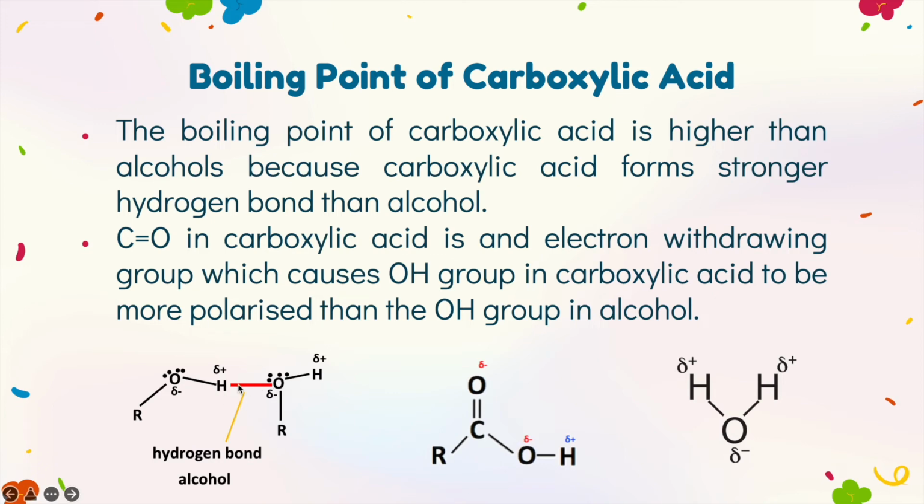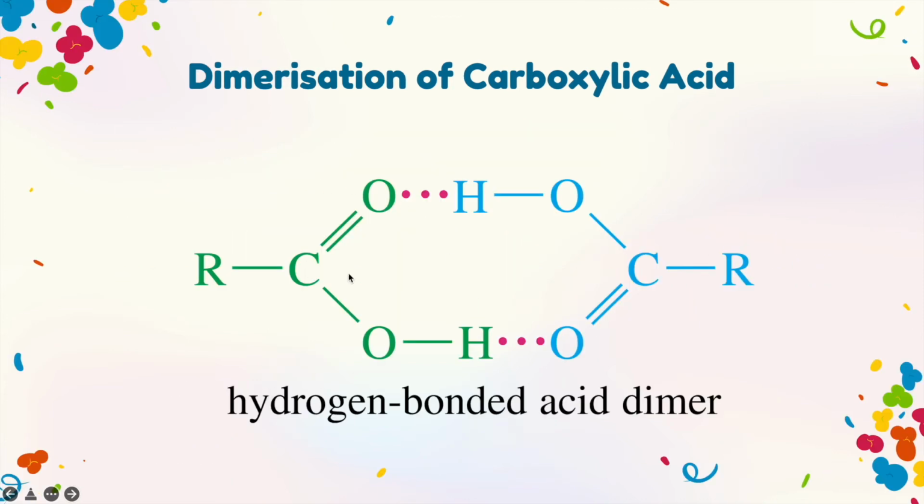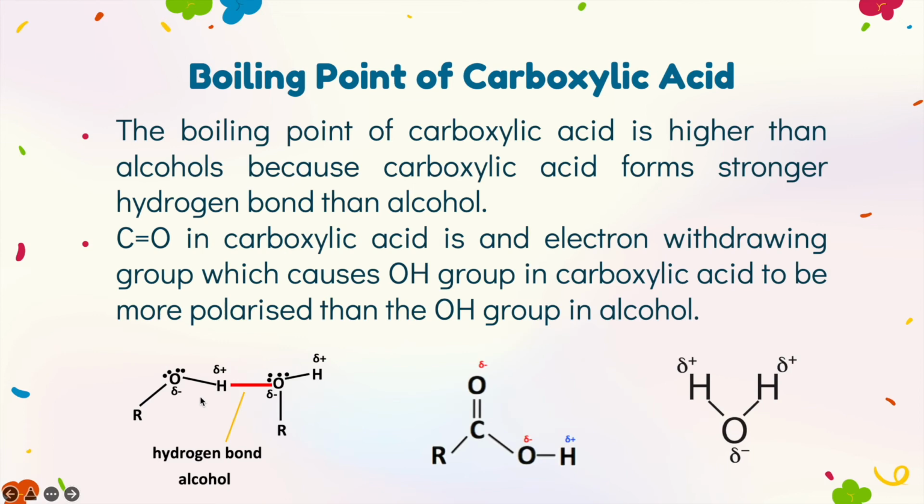If you look at this hydrogen bond, it's not arranged closely packed. It doesn't have a pattern like the one in carboxylic acid. So alcohol molecules cannot be arranged closely packed because it's not in a proper manner.